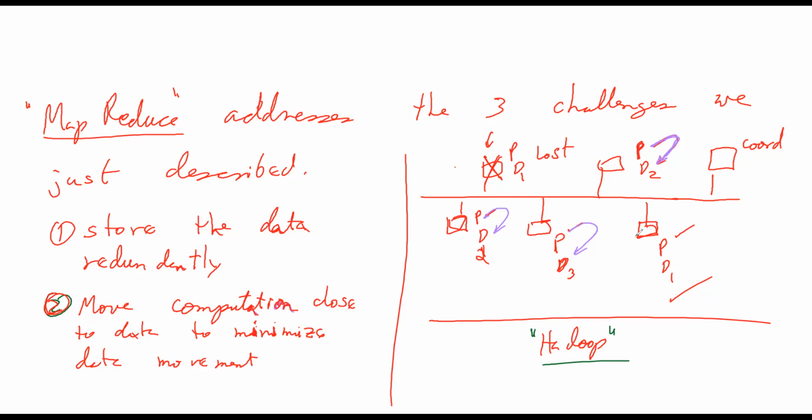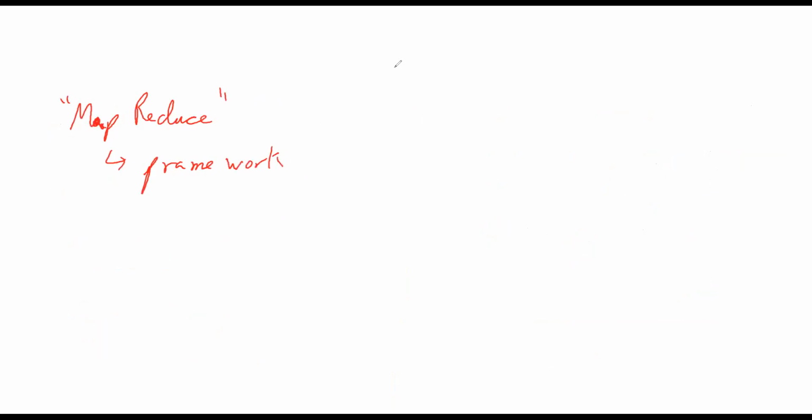All right. And then the third one, I'm gonna erase this. So the third one is we need a simple programming model, right? So MapReduce addresses this by having a simple programming model.